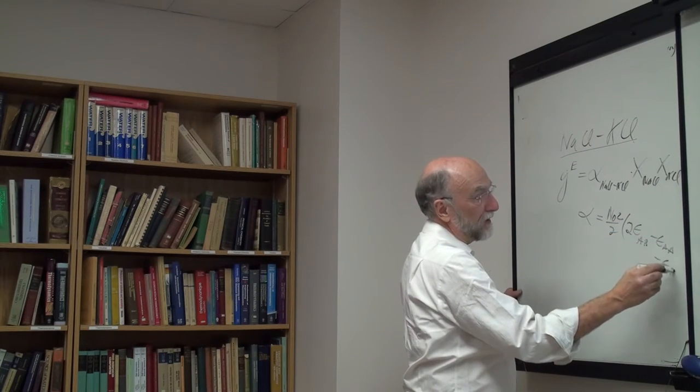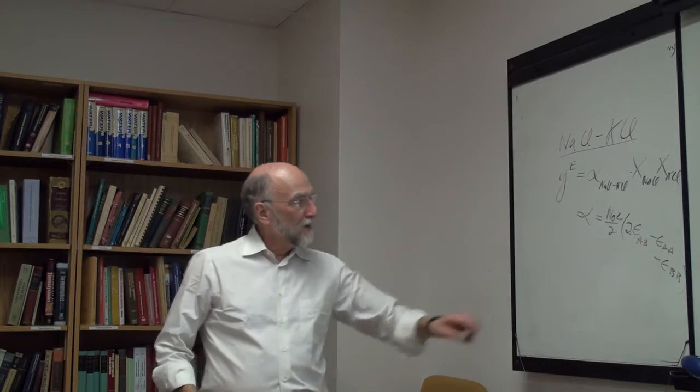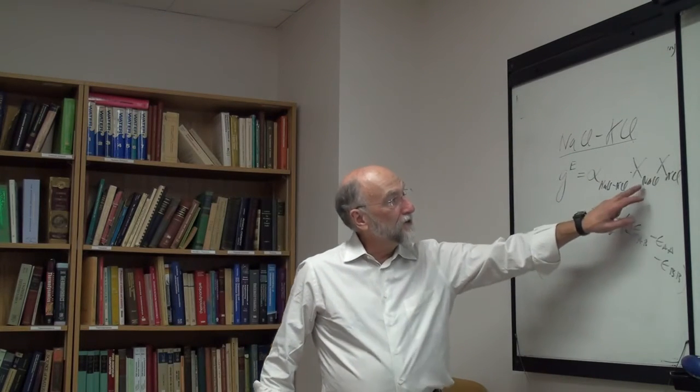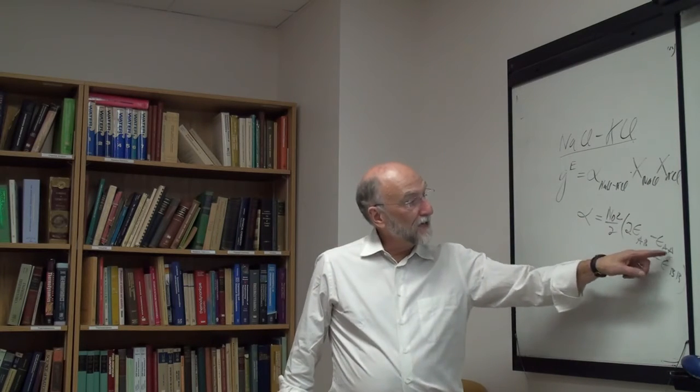It's the nearest neighbor bond energies. We're treating the sodium chloride, potassium chloride binary system as a regular solution. But what do we mean by these bond energies? Now, these aren't the nearest neighbor bonds, because the nearest neighbor bonds are the same in the pure material as in the mixture. Okay, these are the second nearest neighbor bonds.